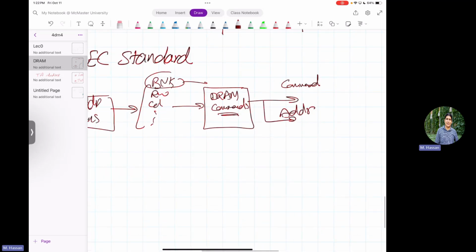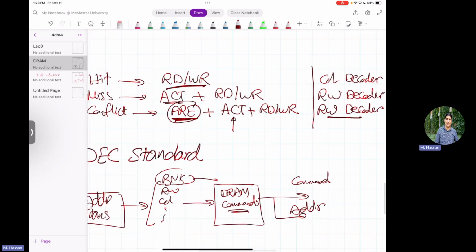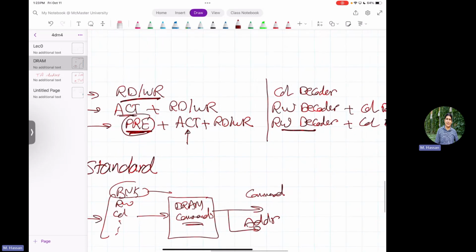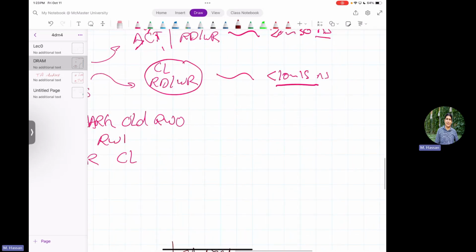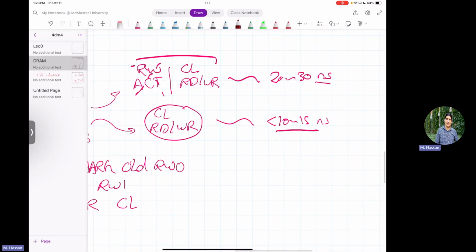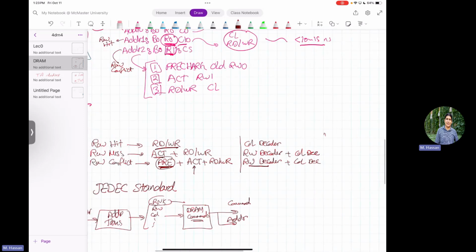Now to complete the story, these commands cannot in fact be sent back to back, because if they are sent back to back, like in one cycle I send an activation and the second cycle I send a read or write, it will not lead to the large delay differences that we're talking about. Just again to give you the full sense of numbers, we said the row hit is somewhere in 10 to 15 nanoseconds.